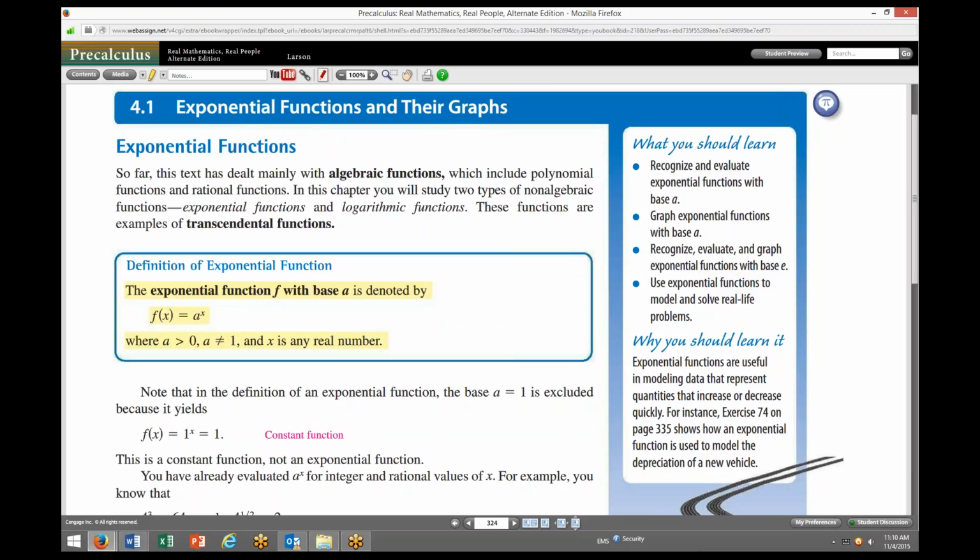First of all, exponential functions are a new type of function in that they are not algebraic.